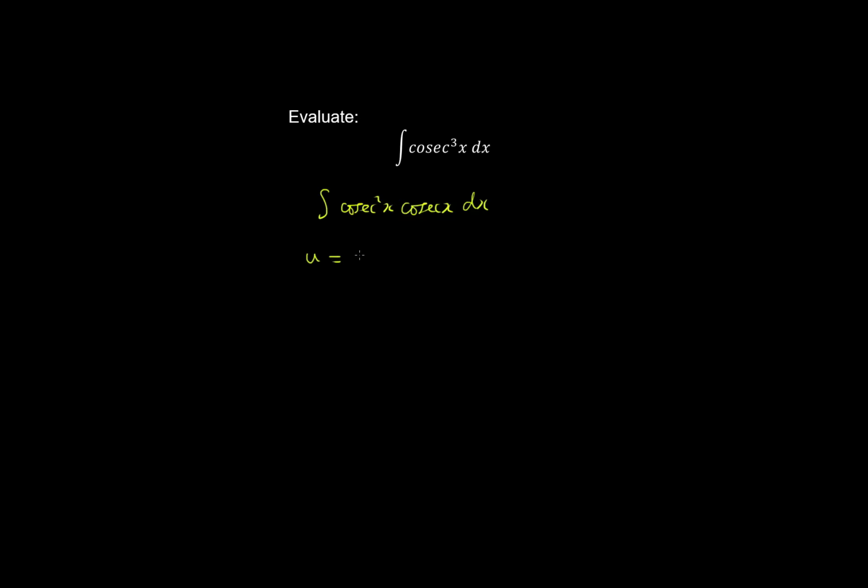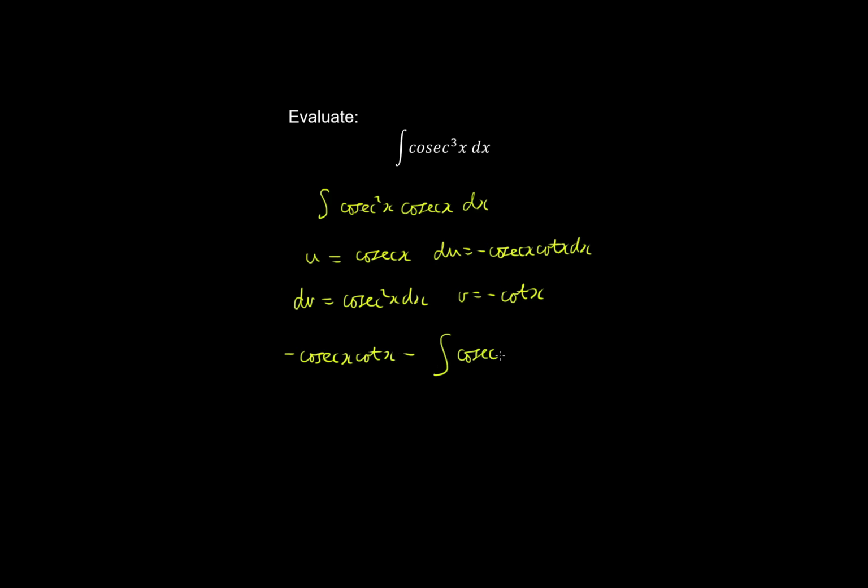So we have u is equal to cosec x, then du is minus cosec x times the cotangent of x dx, and dv is cosec squared x dx, and therefore v is equal to minus the cotangent of x. So u multiplied by v gives us minus cosec x times the cotangent of x, minus the integral of v du. So that will be cosec x times cotangent squared x.